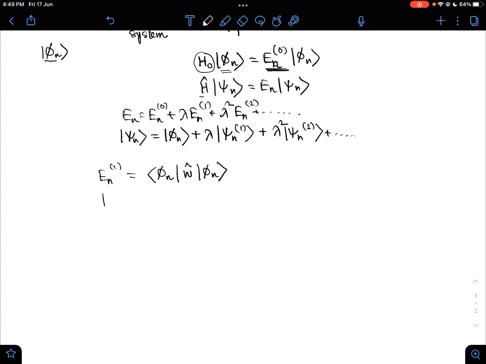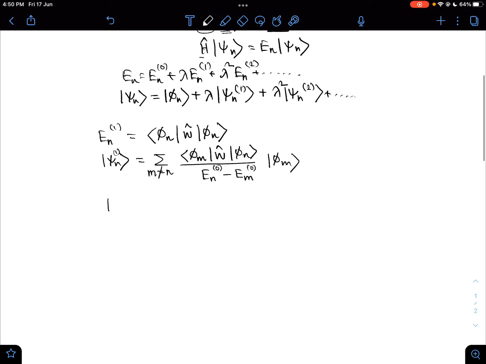We also found the correction term in the eigenfunction up to first order of lambda: the summation over m, where m is not equal to n, of phi m W phi n divided by En0 minus Em0, times phi m.